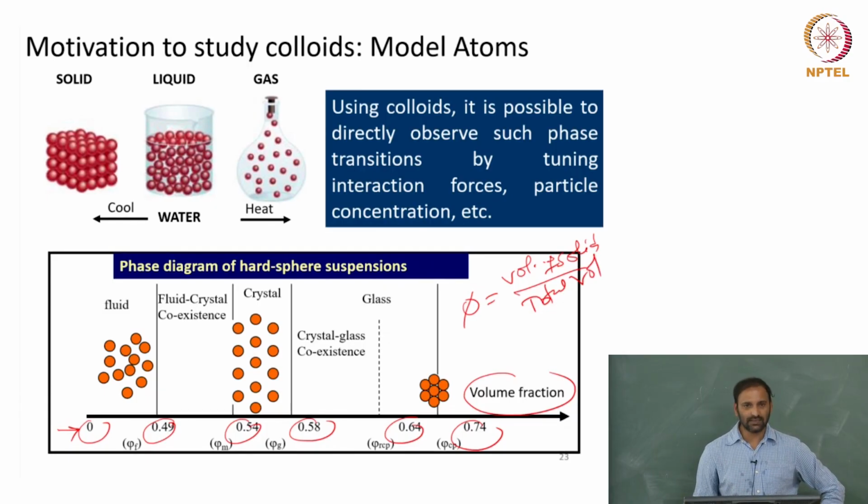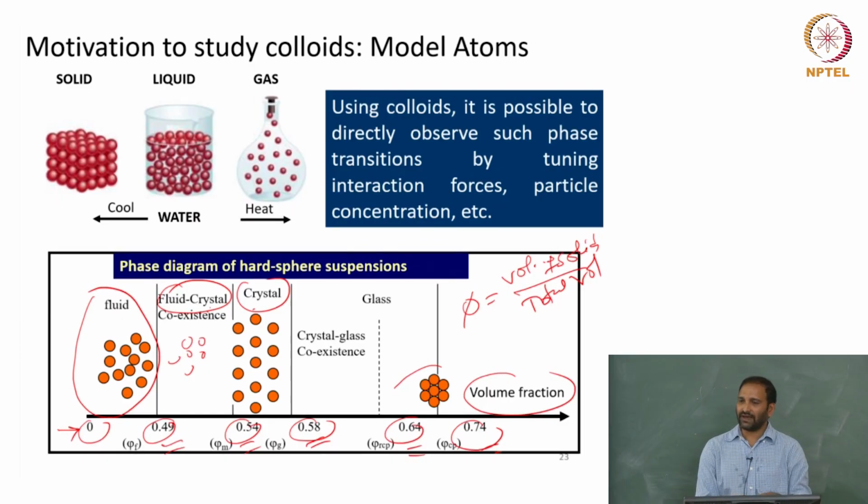So all this is telling you is that depending upon the volume fraction of the particles in the fluid, it either exists as a fluid state, or there is a coexistence of a fluid and crystal, where there is a disordered arrangement of particles and a crystal-like arrangement, or ultimately a glass-like arrangement.